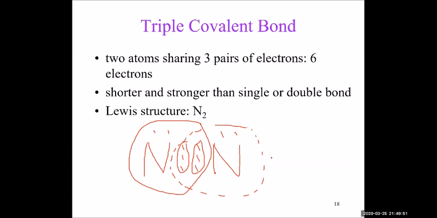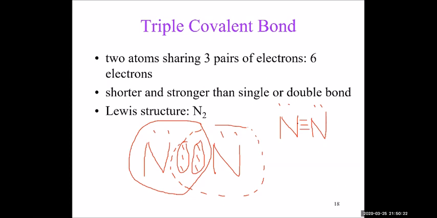Any questions? Okay. That's basically when you have a triple bond. For the triple bond, there's an easy way to show it. We simply use 3 lines between the 2 nitrogens. Each line means 1 bond, and 1 line means 1 pair of electrons.